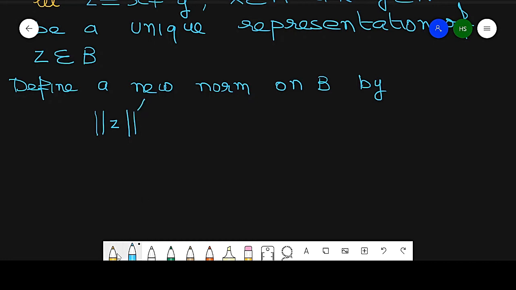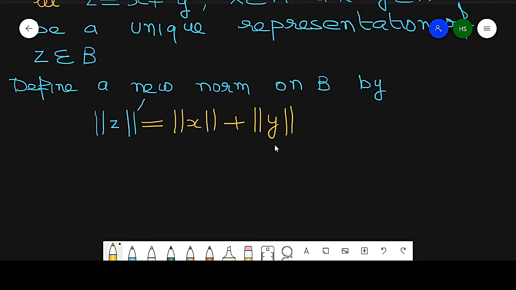The dash is a new norm, and the old norm is this norm of x plus norm of y. So this is a new norm of a vector z that can be written in this way.